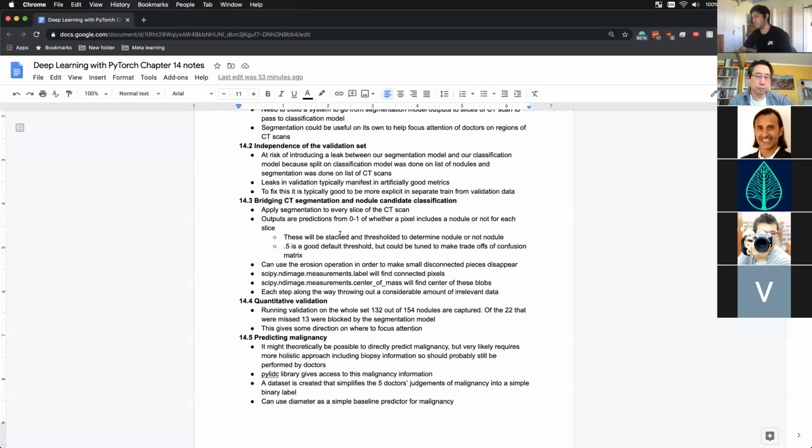What the erosion does here is it can take small disconnected pieces and essentially make them go away. Because if it doesn't have lots of interconnectivity, if it's not next to other pixels, then it will just go to 0. That's good for this case because we might have just a stray pixel that lights up, and we don't want that being a region just because one pixel for whatever reason showed up.